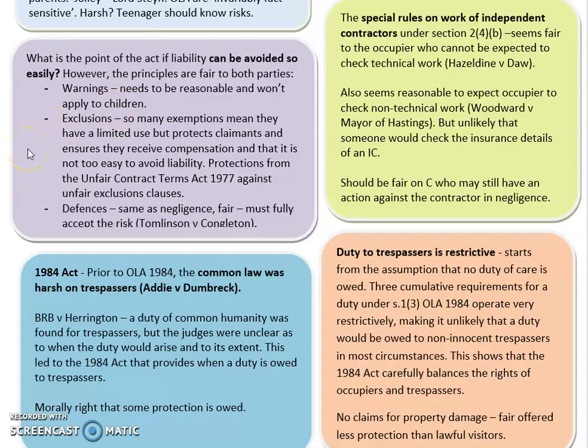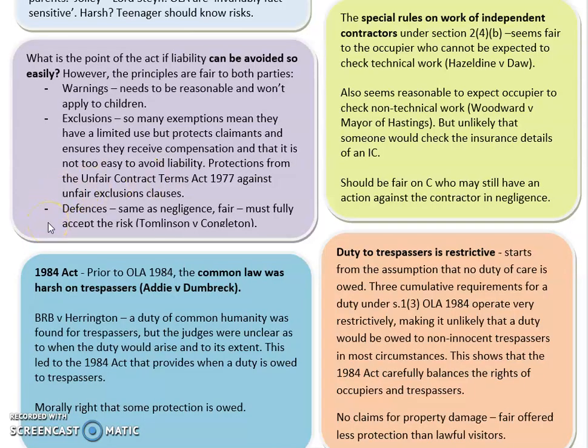In terms of exclusions, there are so many exemptions that they have limited use, but they do protect claimants and ensure that they receive compensation, and it's not too easy to avoid liability. And you could just briefly mention the Unfair Contract Terms Act so that the occupier can't have unfair exclusion clauses.